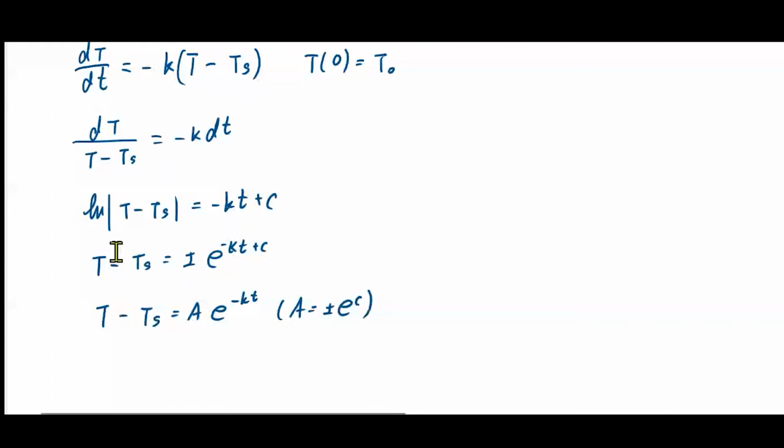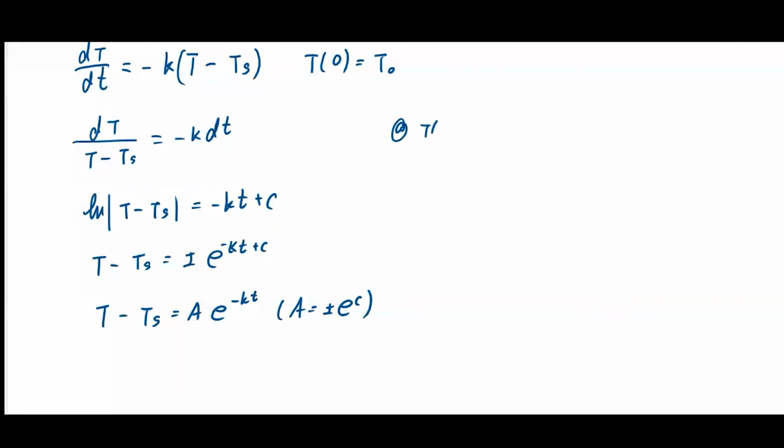But then this is almost same thing as the terminal velocity problem now, isn't it? It's amazing that this completely different situation has exactly the same differential equation as terminal velocity. Now we apply initial conditions.